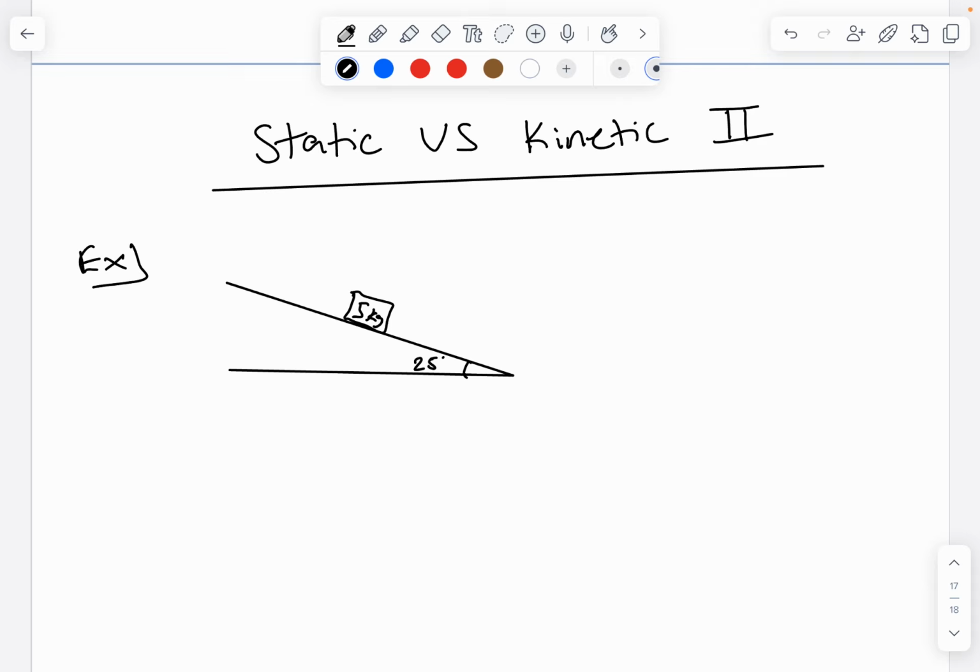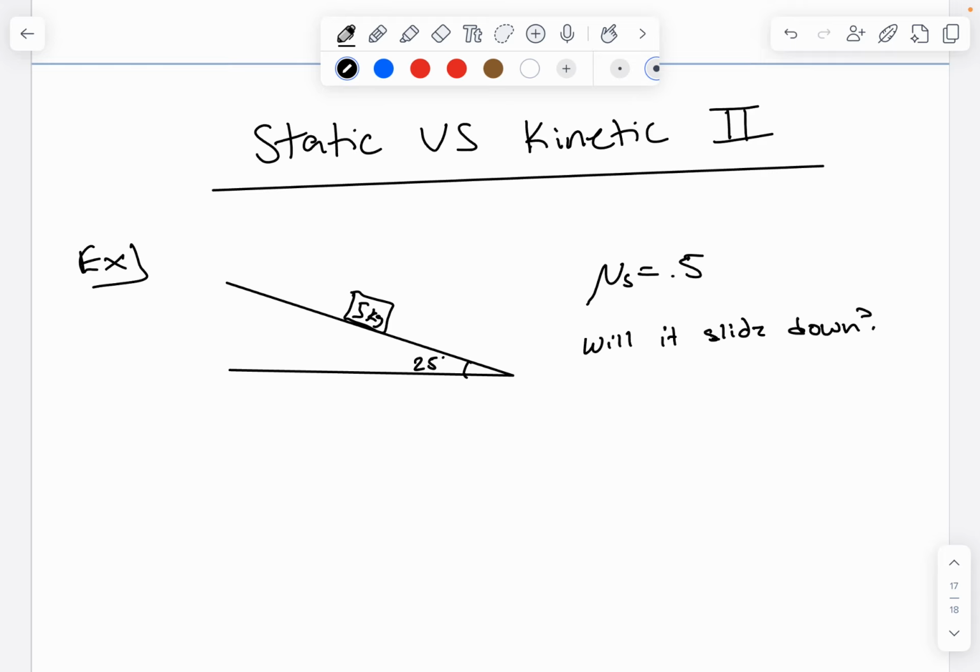The coefficient of static friction is 0.5. And remember, the coefficients of friction are always unitless. And I want to know, will it slide down the ramp? Will the box slide down the ramp?